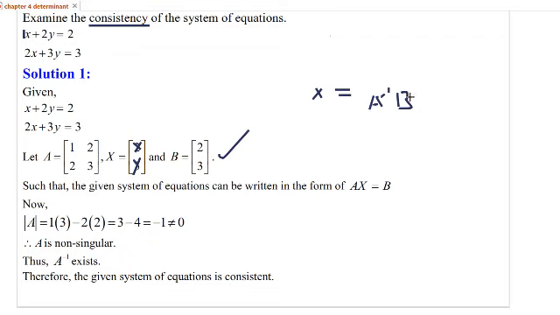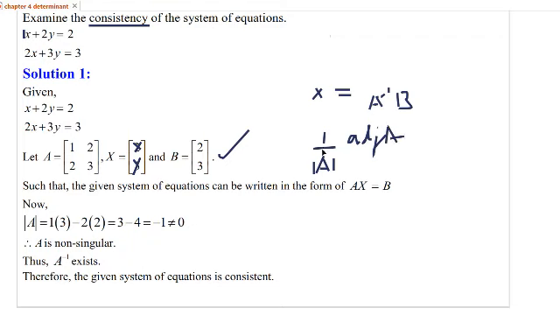We already know what B is. Now the problem is with A inverse. What is A inverse? A inverse is 1 upon determinant A into adjoint A. We have already learned this formula in the previous video.